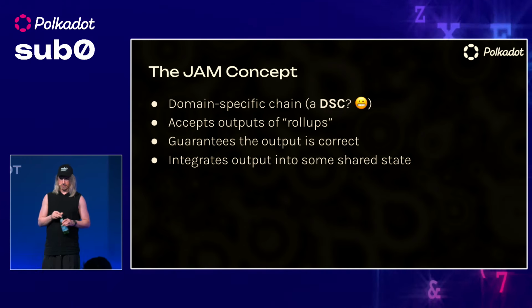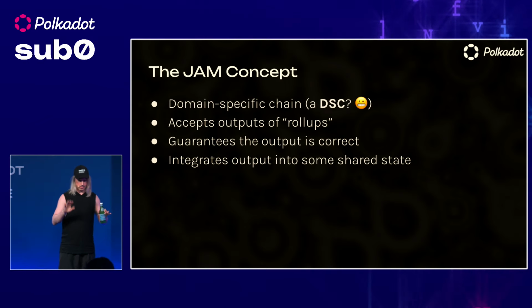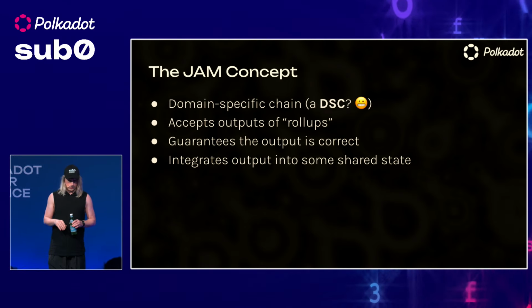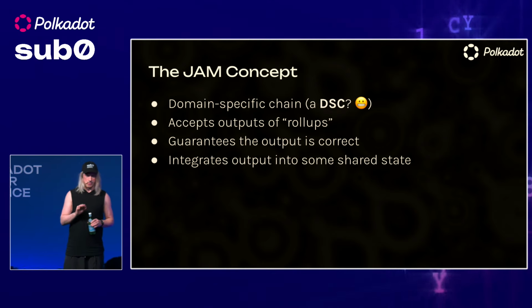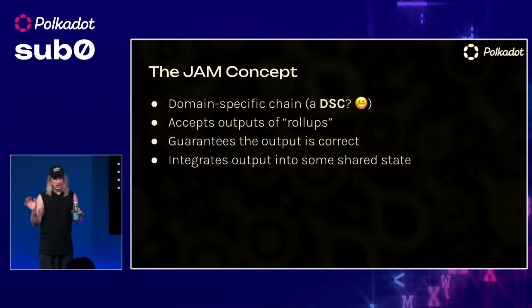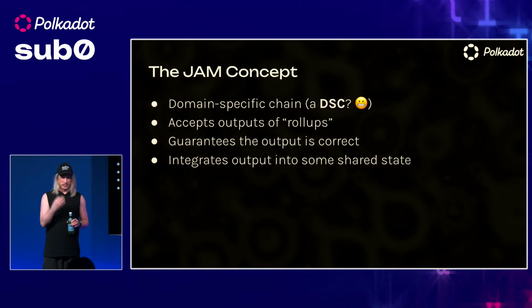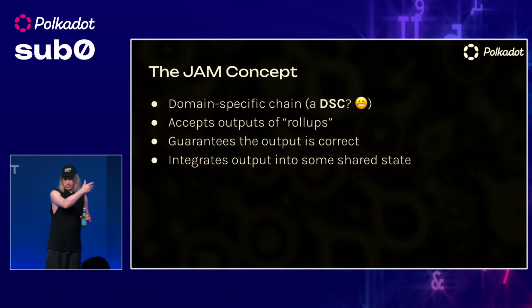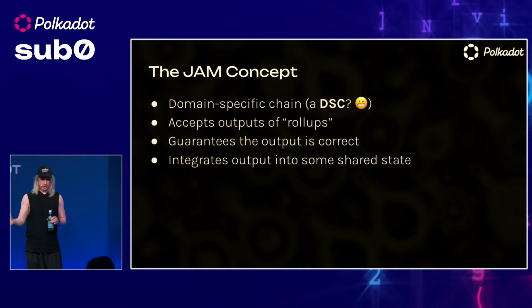Okay. Again, this is fairly basic stuff for what rollups are. And furthermore, and probably most importantly, or at least as importantly, the Jam chain is there to integrate the outputs of these computations into some shared state.